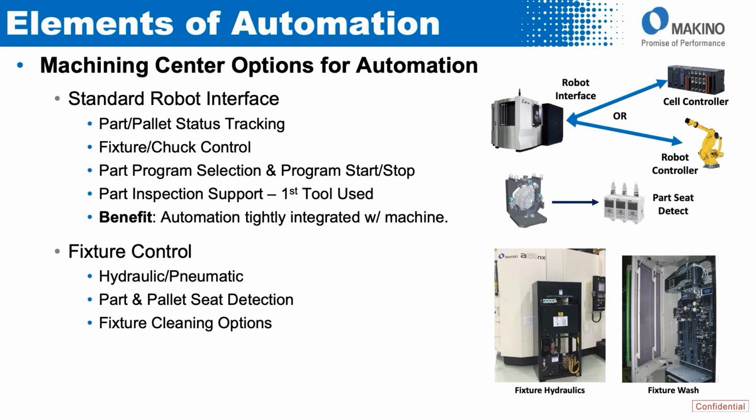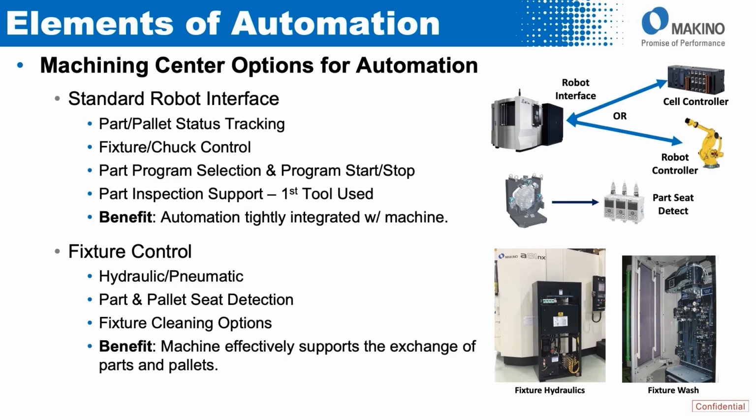We've got air coming up through the chucks to keep those mating surfaces clean throughout the process of exchanging the parts or the pallets. So the benefit there, once again, is that you're tightly integrated with the automation, so you're able to support the exchange of parts and pallets without any alarms coming out throughout that process.